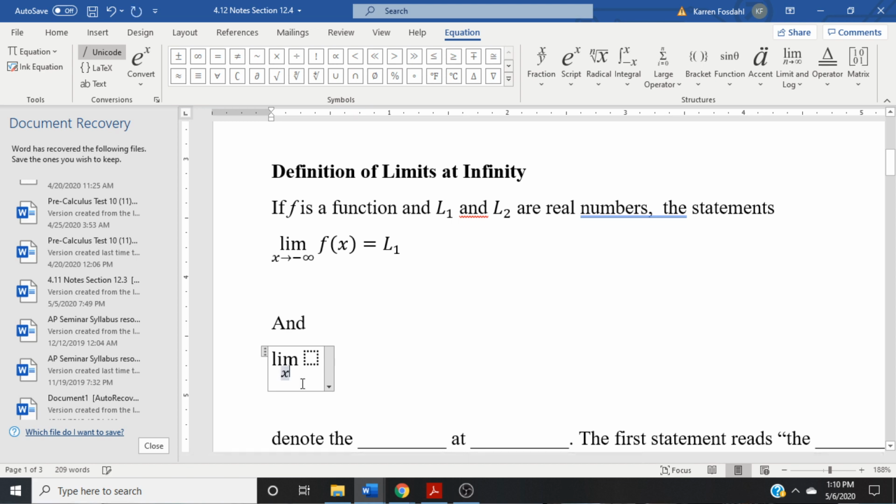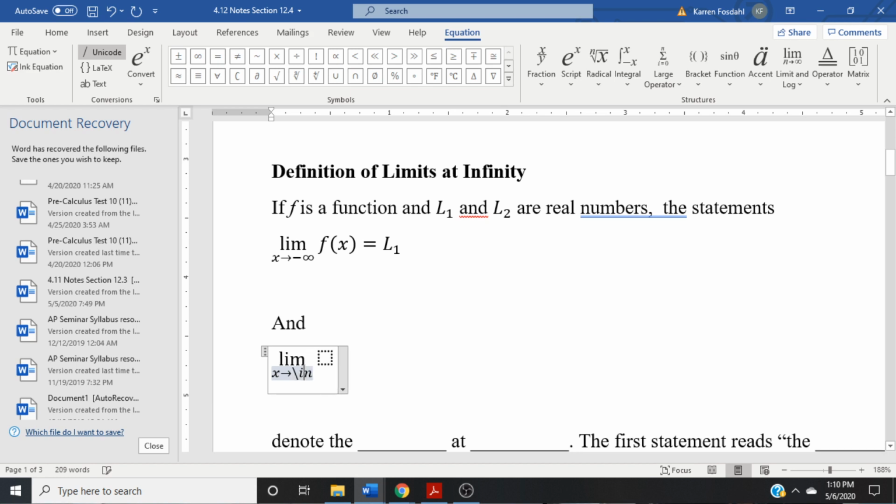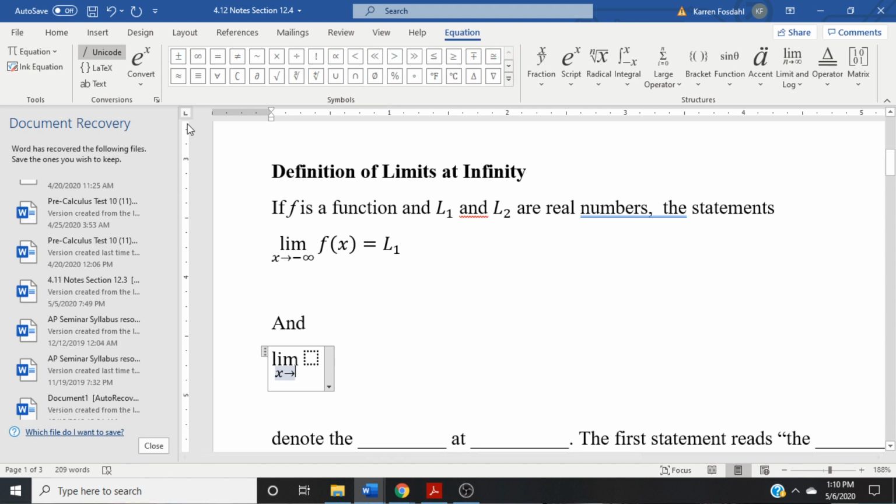Okay. x approaches infinity. Can't just type it in. Interesting. Oh, it's without the i. f of x is going to equal some L2. Okay.